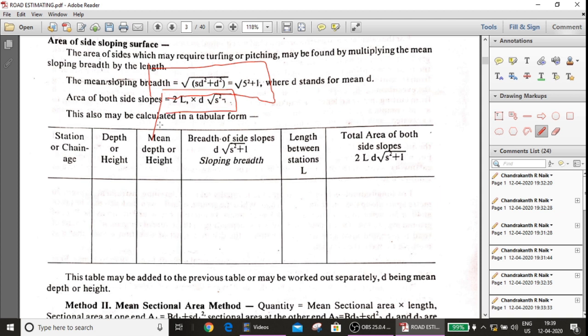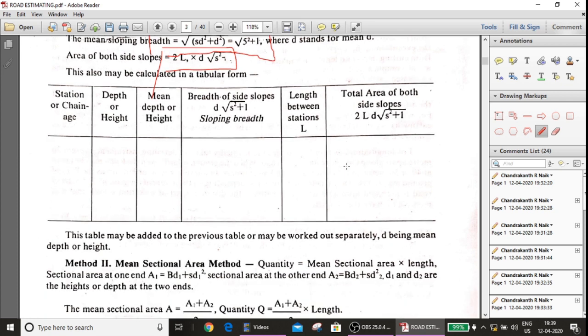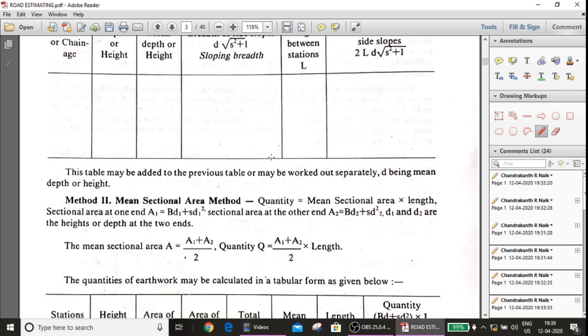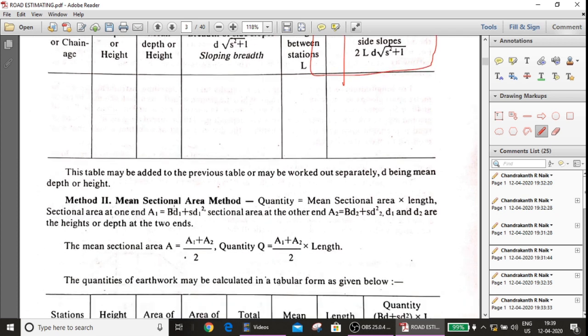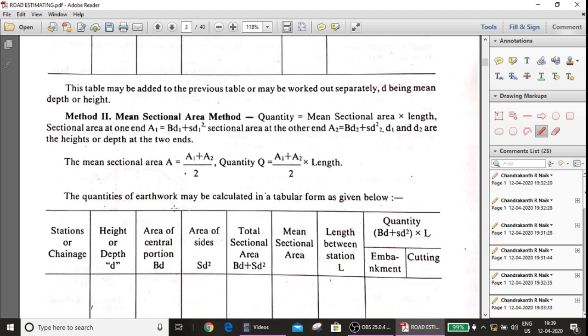So here also one tabular form is there: station, depth, mean breadth of the side slopes. Here it is d into root of s square plus 1, breadth of side slopes. Okay, length between the stations and total area of both the side slopes. We'll get this, and when we get the total area, we multiply it with the rate. We'll get the estimated cost for that.